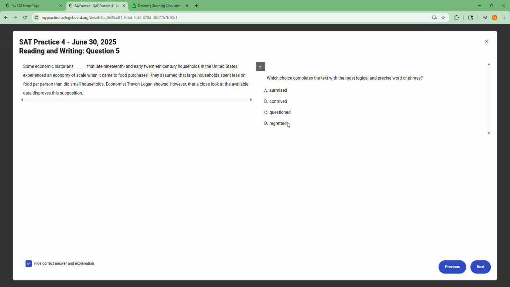You could say something like, I contrived a way to steal the answers to the September 2025 SAT, because I would be doing that via trickery. But you probably would not use it to say, I contrived a way to fix cancer via being a good person.